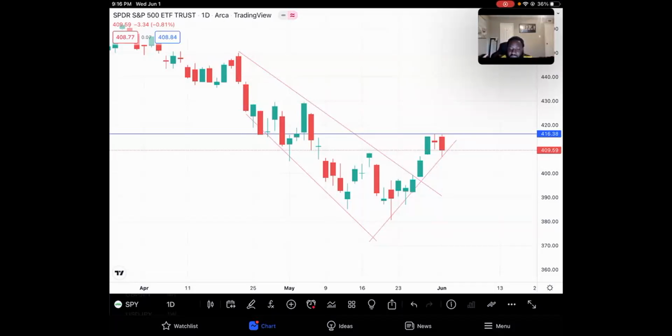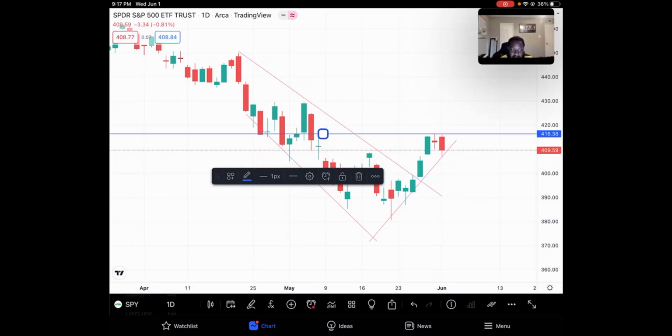So if I was to enter for the calls, I'd put my stop loss underneath there, but I would have to figure out where exactly. It's just a little bit clearer on the downside where to put it.